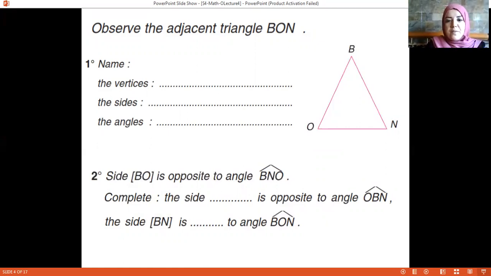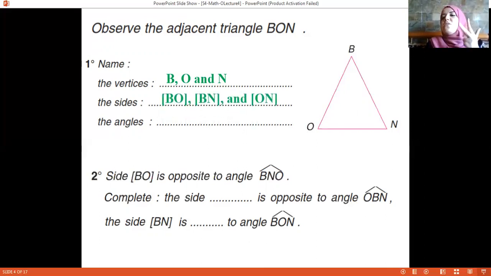First of all, the three vertices of triangle BON are B, O, and N. Now the sides are BO, BN, and ON. So three sides and three angles. What are the angles inside this triangle?